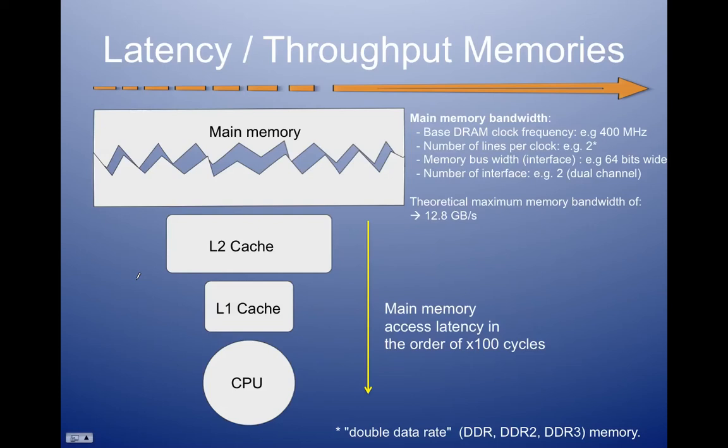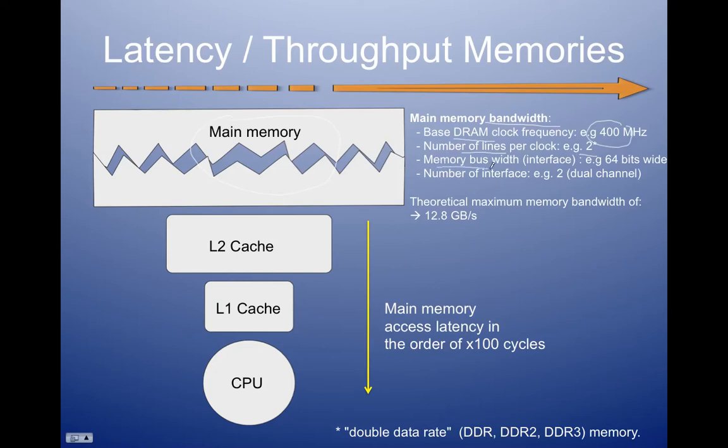Here is an example. If we take the main memory of a computer, its bandwidth, that is the number of bytes it can deliver per second, is based on the kind of technology you use and the frequency. So for instance, let's assume 400 megahertz for the DRAM clock. The number of lines, so let's assume 2, for instance, a double rate memory.